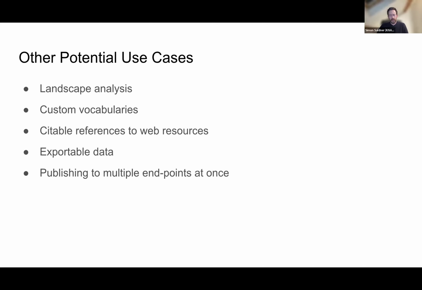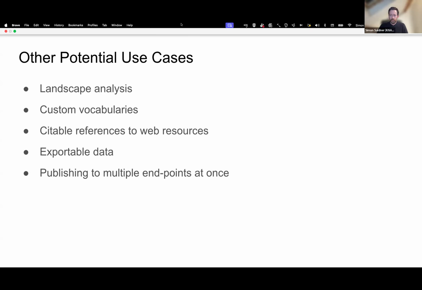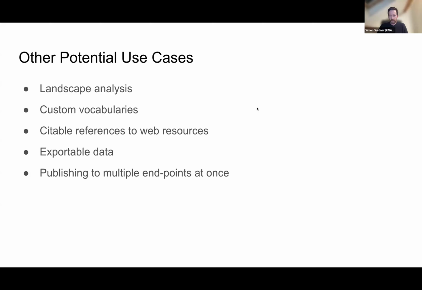Exportable metadata from the knowledge base is another one, or publishing to multiple endpoints at once, so not only Zenodo. It's another one we've heard. But not to spend any more time talking here ourselves, we would like to hear your thoughts and questions, any other input you might have. So please feel free to jump in.